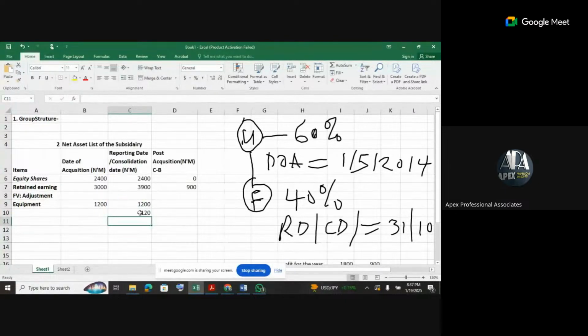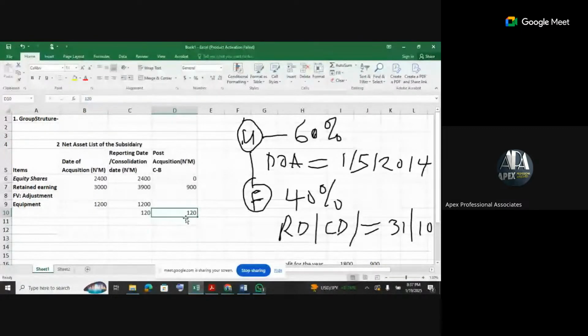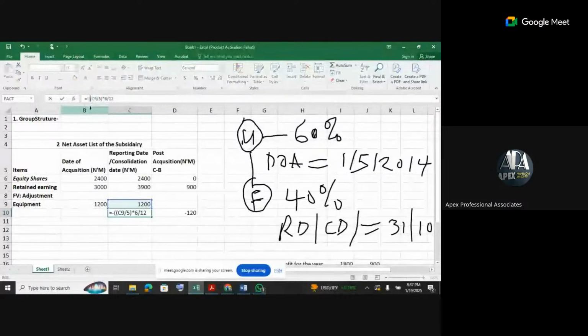So it will be 120 depreciation, which will be deducted from both sides. So it will be negative because it's depreciation, negative for both of them. So what I did is just to do the proration. That's why I said the 6 months is important. So you are taking, this is depreciation.